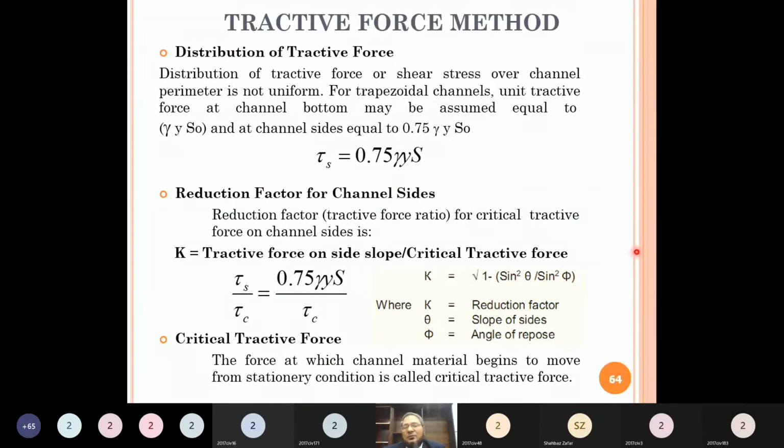K is under root 1 minus sin square theta over sin square phi, where theta is the slope of the sides with respect to the horizontal. So this angle is theta and phi is the angle of repose of the soil. And we know that this theta value should be lesser than phi, because this is the actual angle of the side slope.